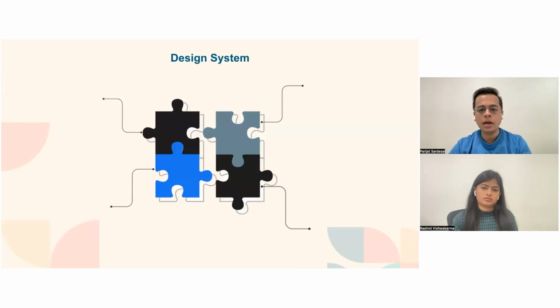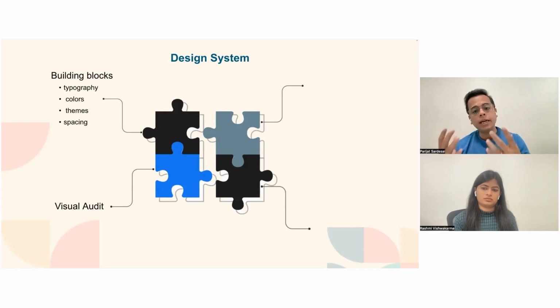For that, you first need to do a visual audit of the current design, whether the design is of an app, a website, or any other digital product. After that, the visual design language has to be created. What does that mean? The visual design language is actually the core of any design system.